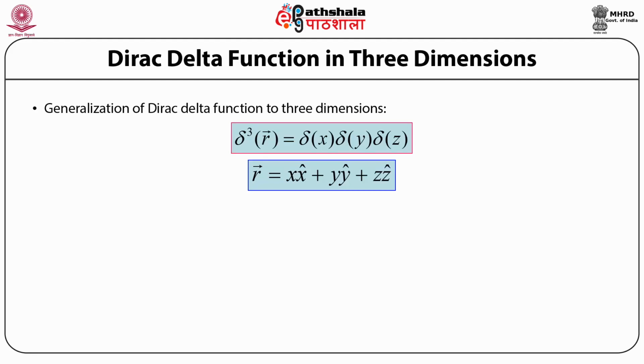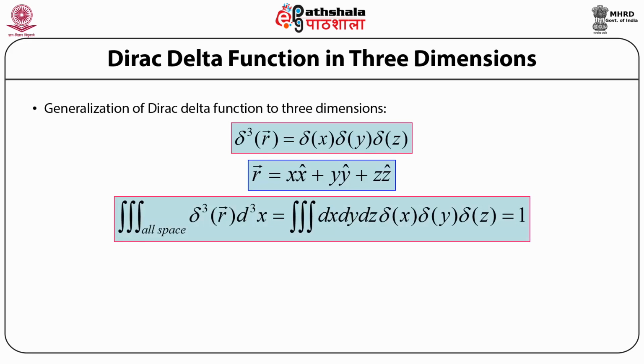Similarly, if we were to take the volume integral over the Dirac-delta function, defined as the volume integral over all space with respect to the volume element d cube x of the Dirac-delta function delta cube as a function of vector r, this is equal to the triple integral over dx times dy times dz acting on delta as a function of x times delta as a function of y times delta as a function of z, and this turns out to be equal to 1.